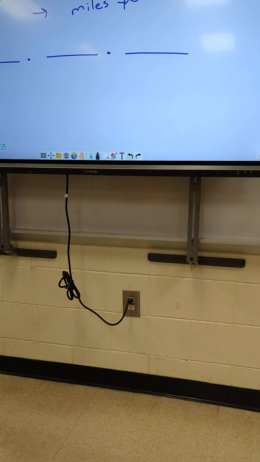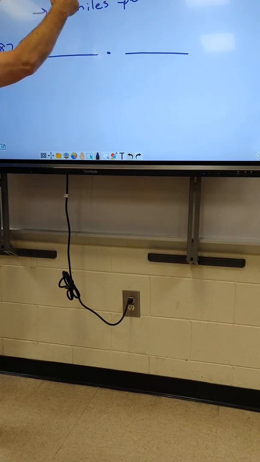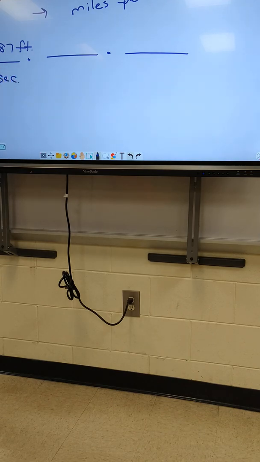Based on what we did on number 12, what's going to be on top on the first fraction? 27.87 feet. What's on the bottom on the first fraction? That's right. It says feet per second, that means 1 second. It was 1 hour on the last problem, second on this one. So that's how you set up the first fraction.